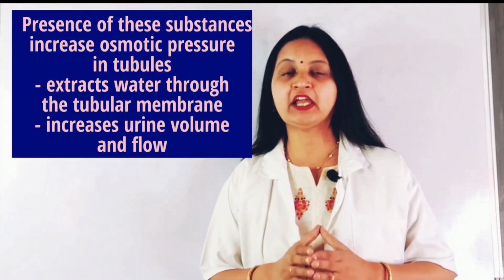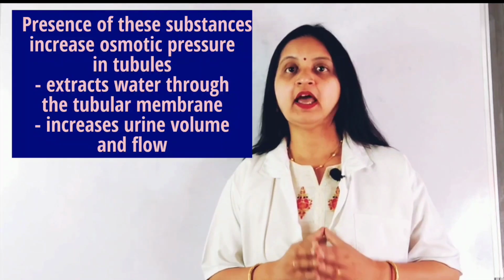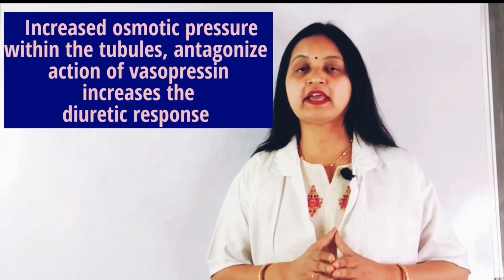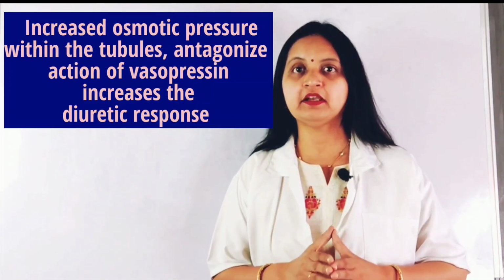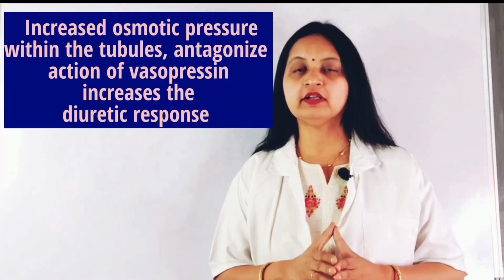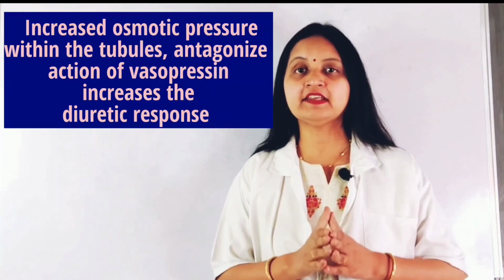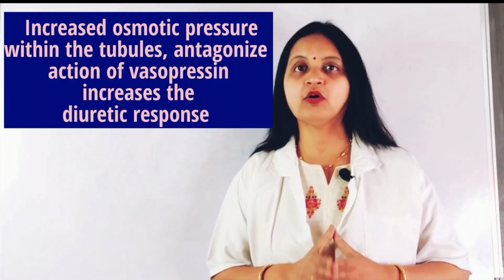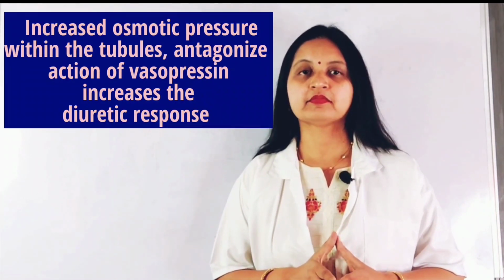So this helps to retain water in the tubular lumen and increases the water diuresis. Increased osmotic pressure in the tubule antagonizes the action of vasopressin or antidiuretic hormone, which becomes less effective, and this further increases the diuretic response, increasing the water diuresis.